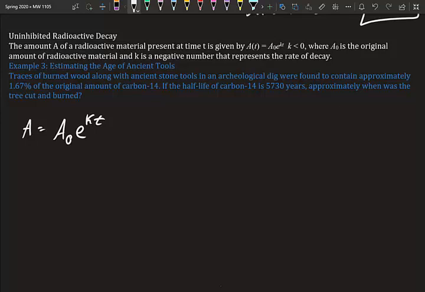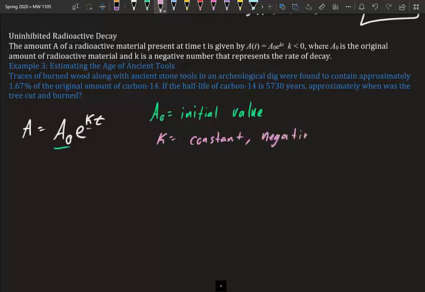So A sub 0, that doesn't change, it's still your initial value. Your k is still your constant, but it has to be negative. And then we're actually given something, and I kind of talked about it before, half-life.